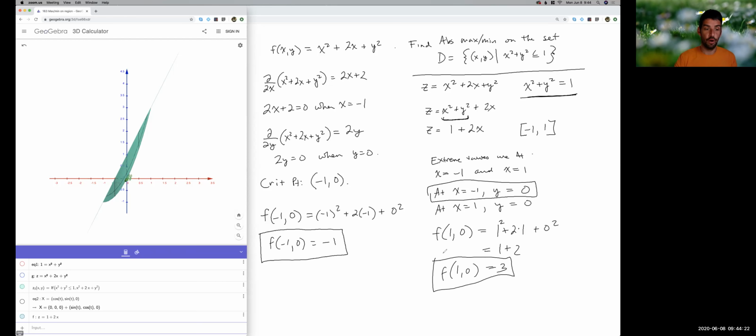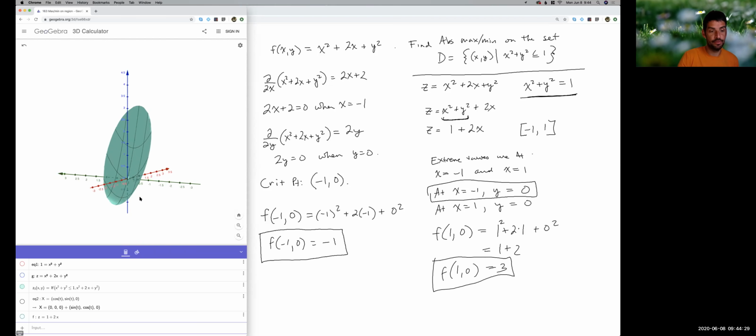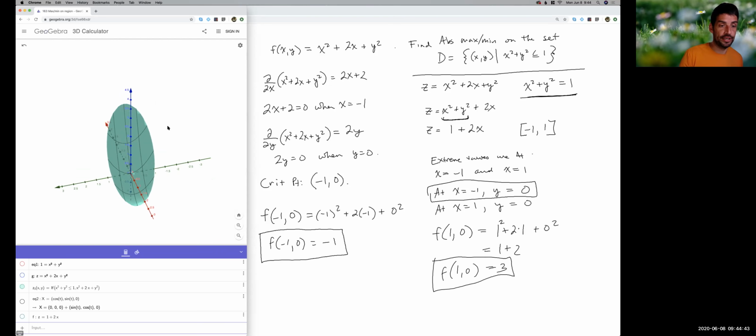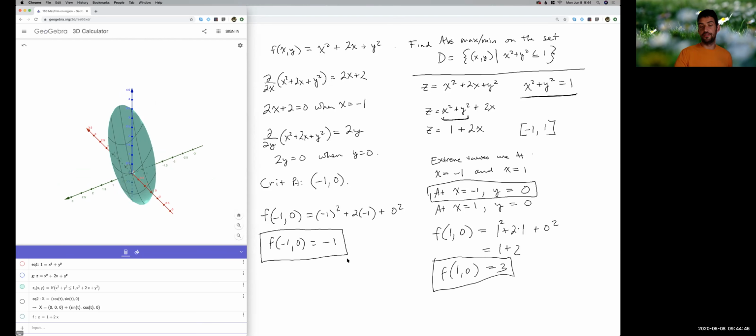And so what we're finding in the end is that the absolute max and minimum are the bottom of this little shell and the top of this little shell, which is pretty obvious from the picture, but it might not be obvious which point it is. And we've shown that these are the absolute maximum and absolute minimum.